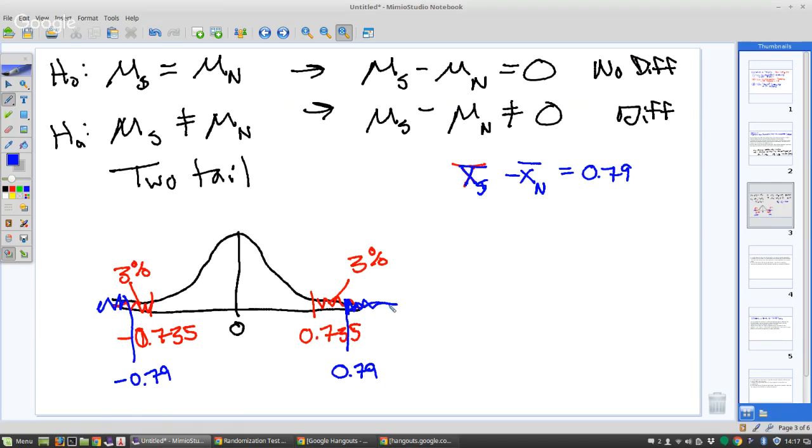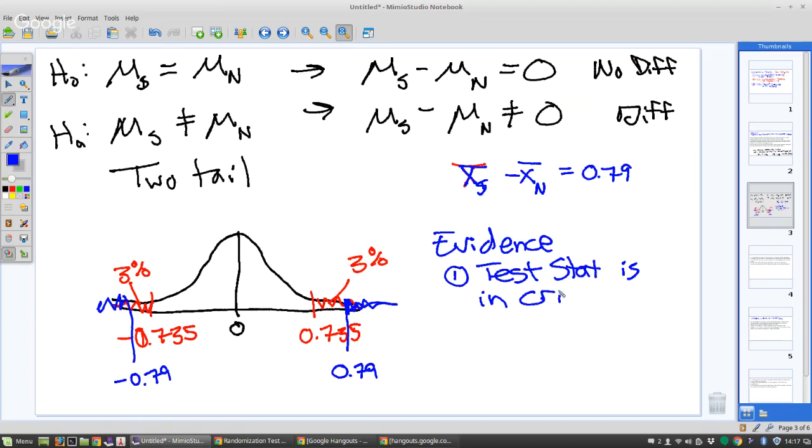So I have one piece of evidence already. And the first piece is that my test statistic is in the critical zone. And the next piece of evidence I want to collect is, is my p-value really smaller than the 6% significance level I was given?